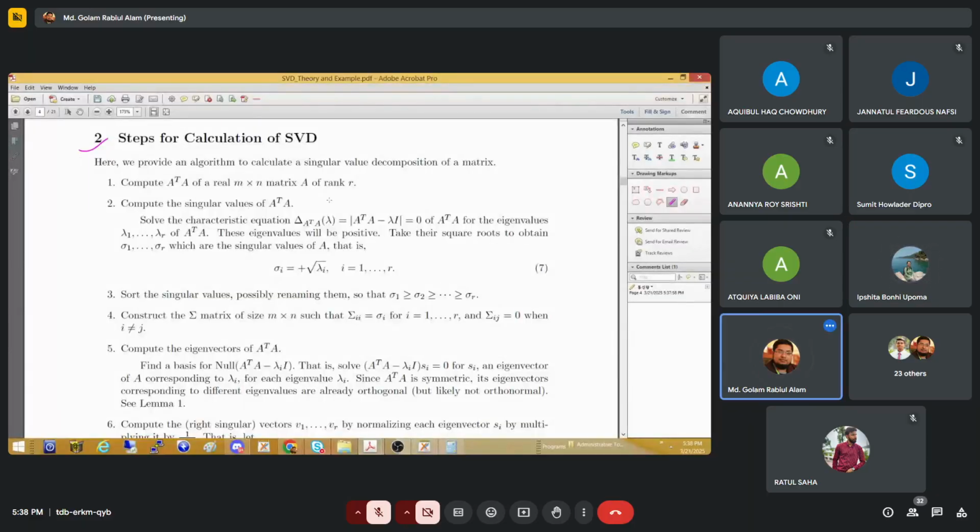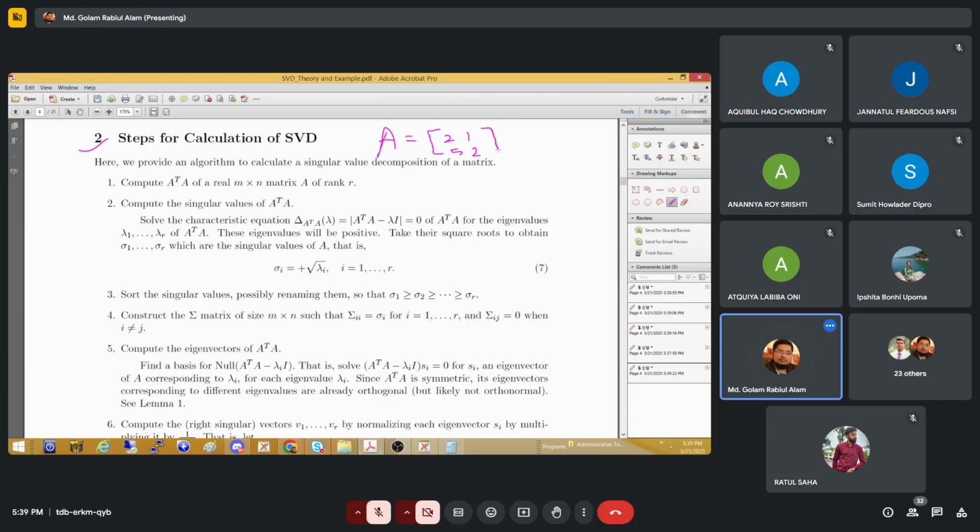Okay, then if we consider a matrix A, let's say any matrix. It is maybe 2, 1, and then 5, 2, like this.